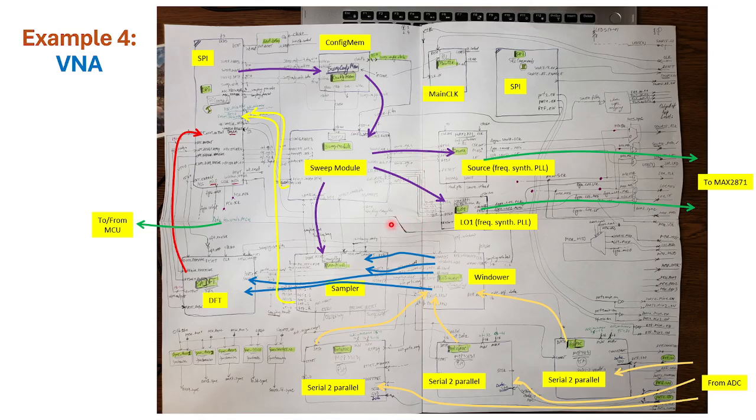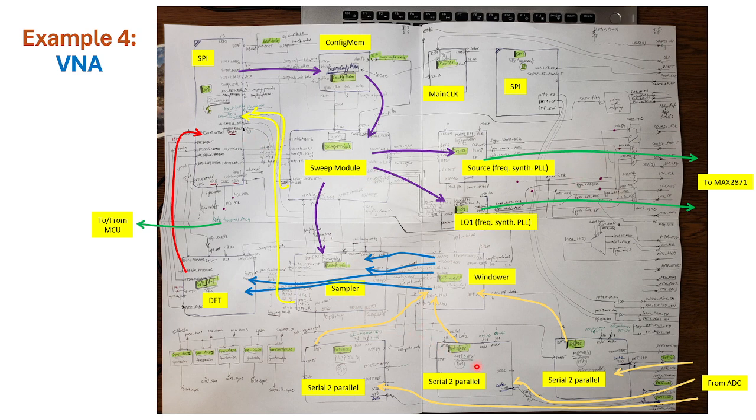I don't know if you can see anything, but this here is a big piece of paper put together by gluing together four different letter size pages to make enough room to draw and show this entire block diagram of quite a few components for the top level design entity inside the FPGA component of a vector network analyzer that I was trying to back engineer, and you could get an appreciation of how many things there are and how they are connected.